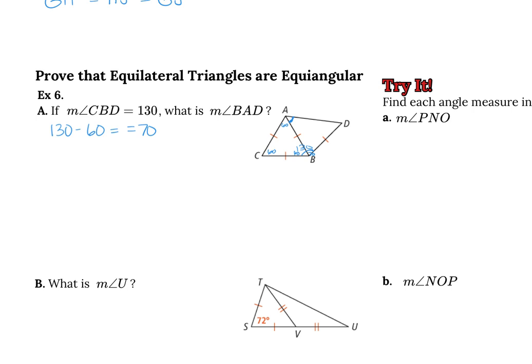So now I have one of my angles for my isosceles triangle. I know that the two angles opposite of this have to be congruent to each other. There are 180 degrees in the triangle. We know that one of the measures is 70 and that the other two angles are congruent to each other.